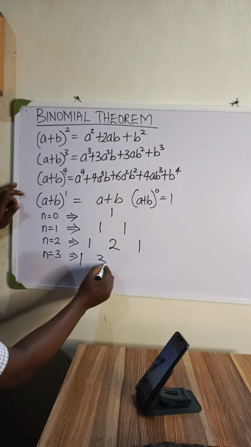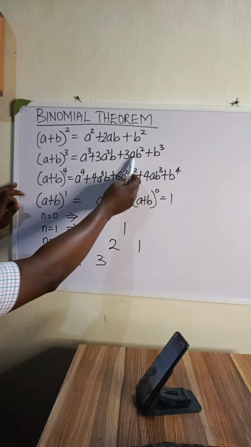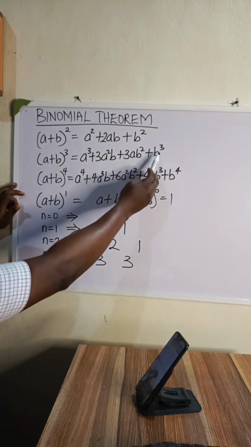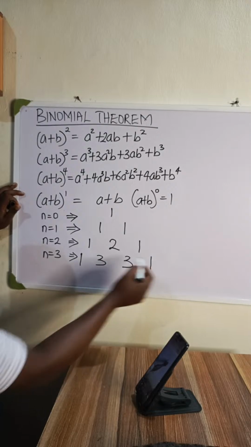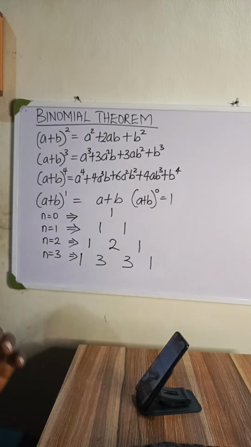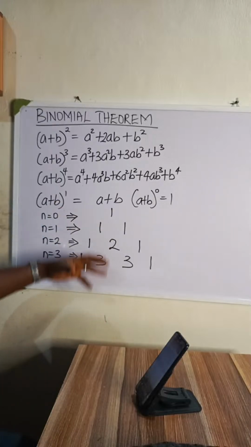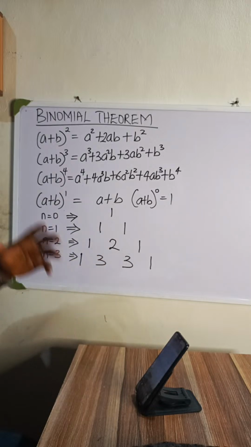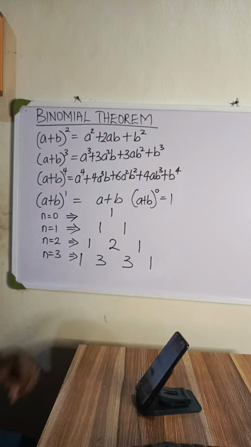So write it down here. The coefficient of AB squared is 3. We'll write it down here. And the coefficient of B cubed is 1. So we'll write it down here. What we are trying to do is establish a pattern that we can use to fill in more spaces. Okay?